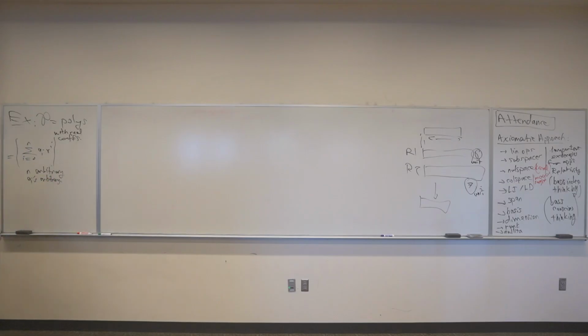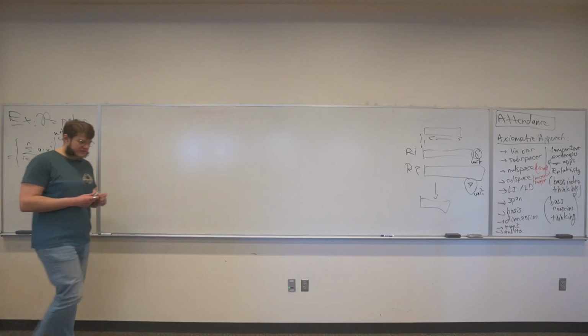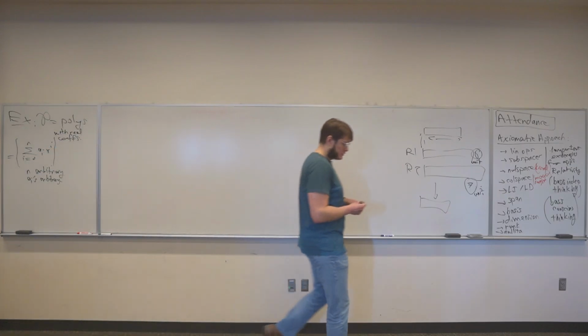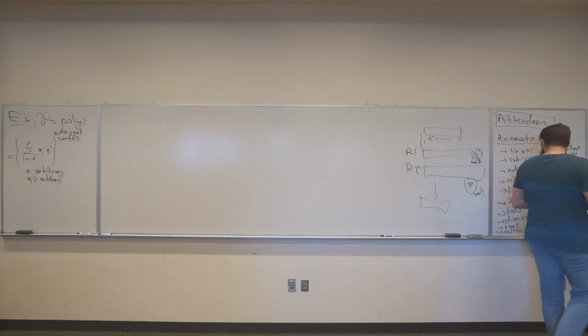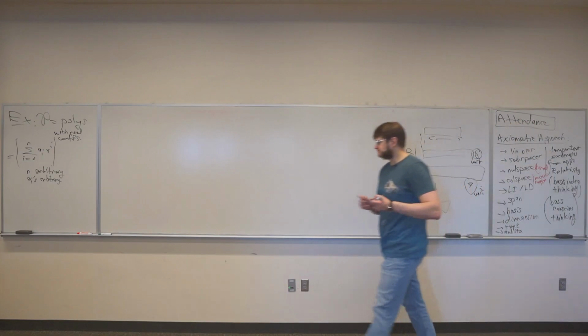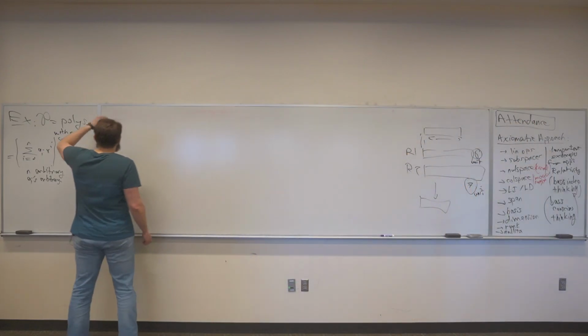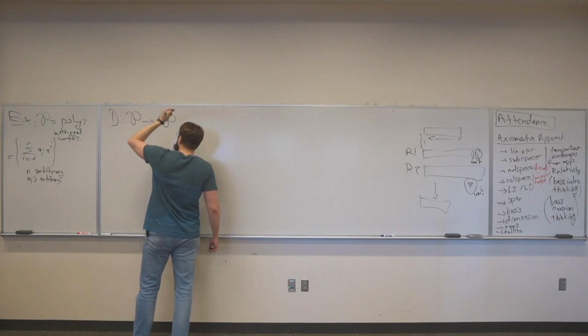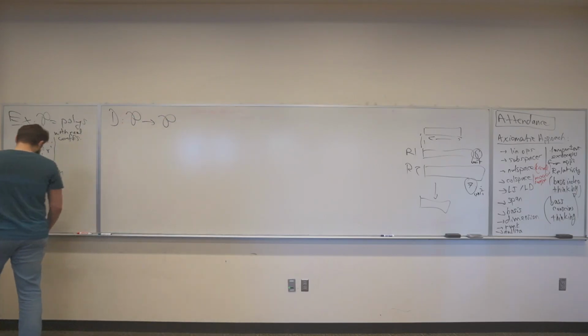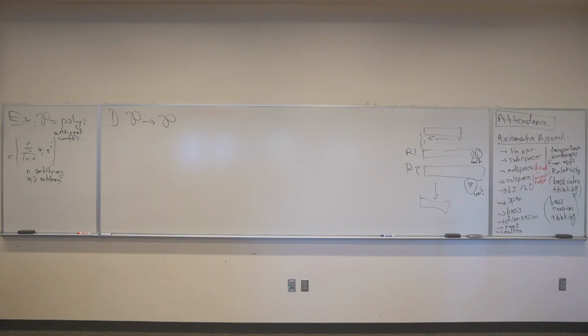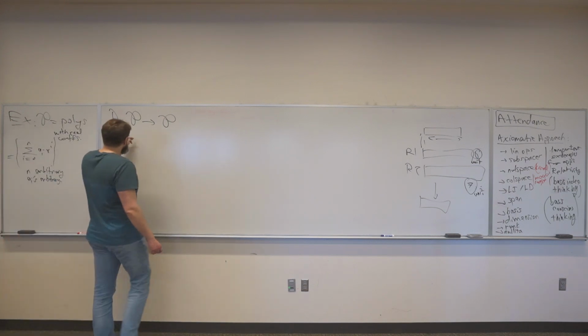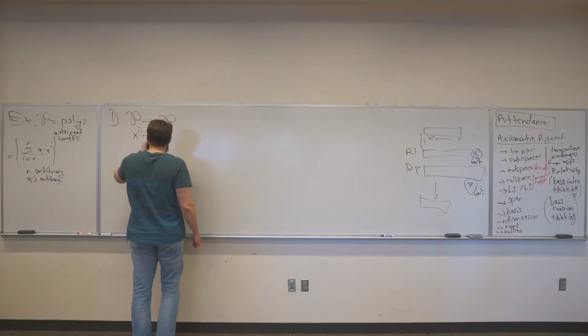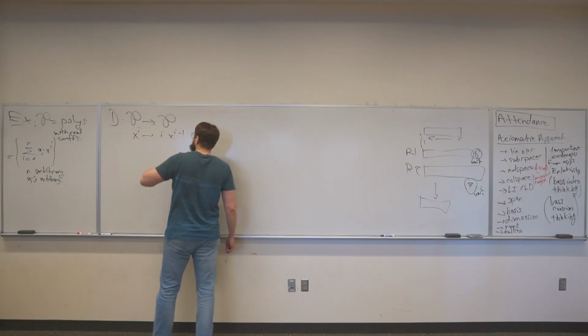We talked about how this is a vector space. We talked about some linear transformations on it. So for instance, we said this D, differentiation, is a linear transformation. For those of you who don't remember calculus, in the case of polynomials, differentiation is rather straightforward. Namely, you take x^i and send it to i times x^(i-1).